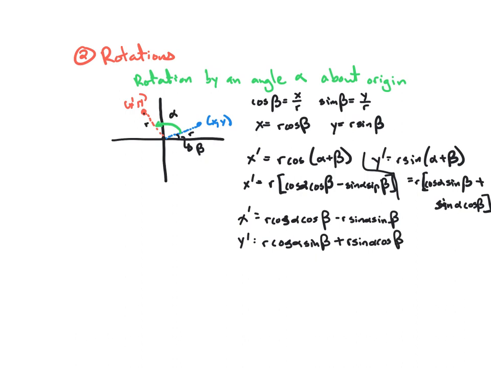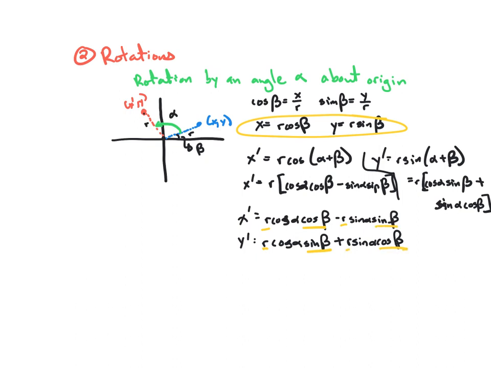Now, remember that we have these equations right here, right? So if we have r times sine beta, that's just y. If we have r times cosine beta, that's just x. So here we have r sine beta, r cosine beta.